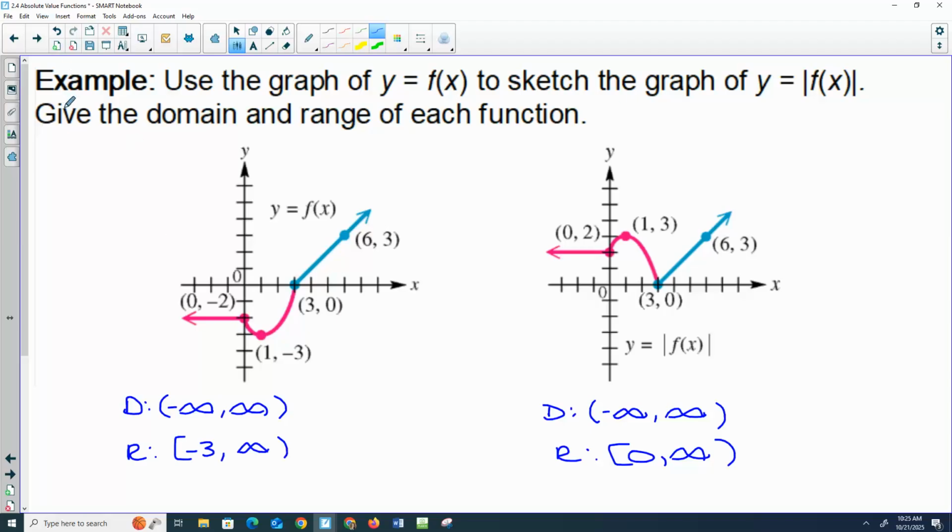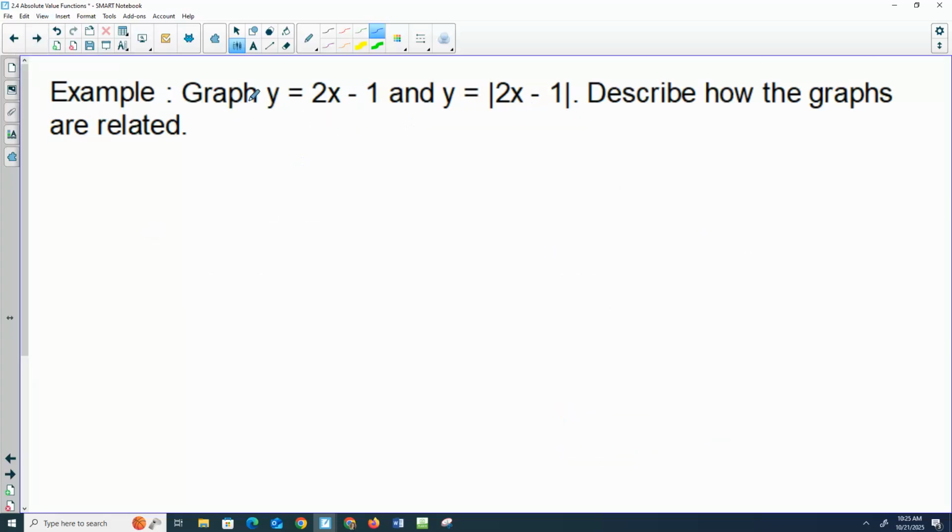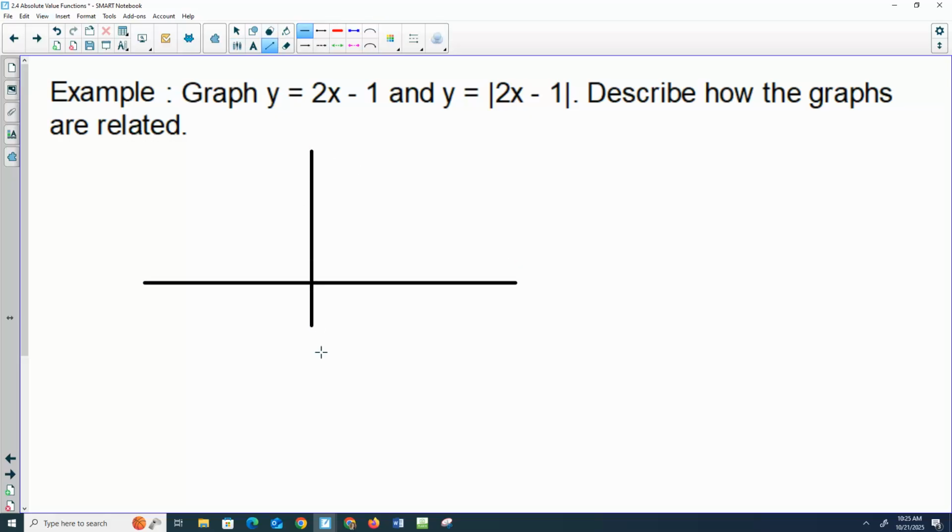Let's try drawing one ourselves. We're going to do a nice one. If I ask you to graph y equals 2x minus 1, what is that? A line. Y-intercept is -1, slope is 2. So there's my original.